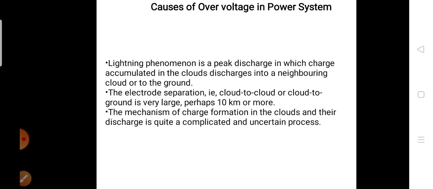The mechanism of charge formation in the clouds and the discharge is quite a complicated and uncertain process, right? But nevertheless, a lot of information has been collected in the last few years, and several theories have been put forth for explaining the phenomenon of lightning.